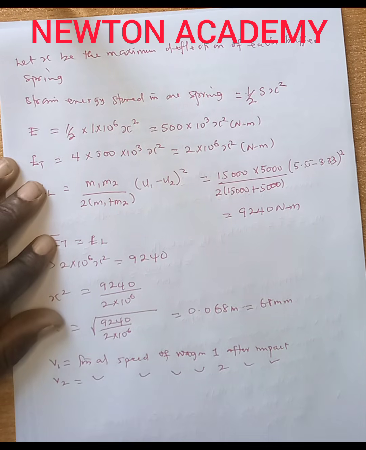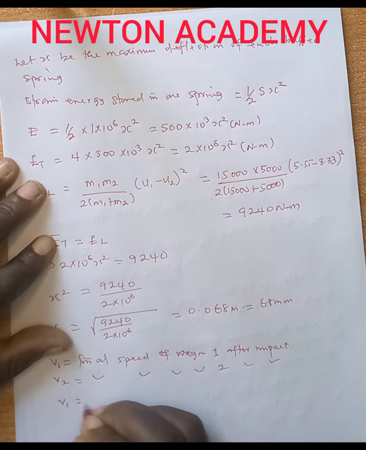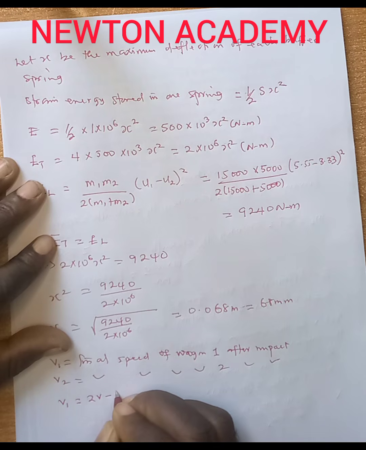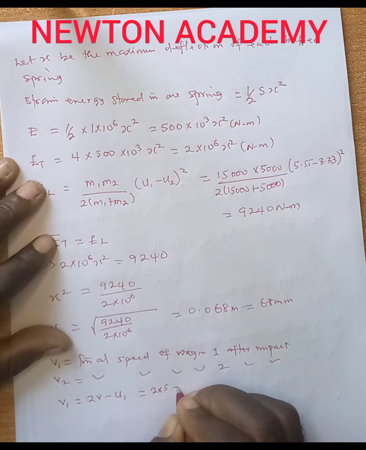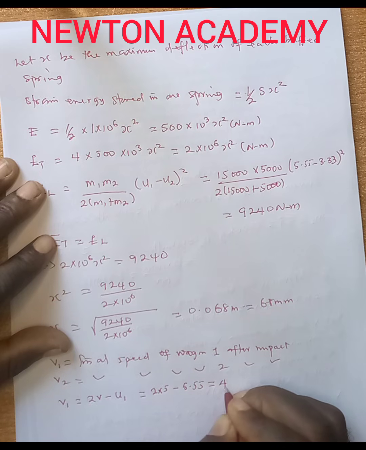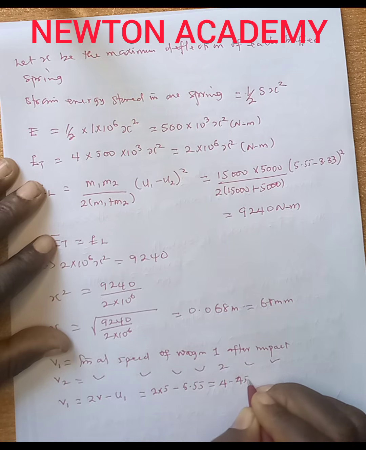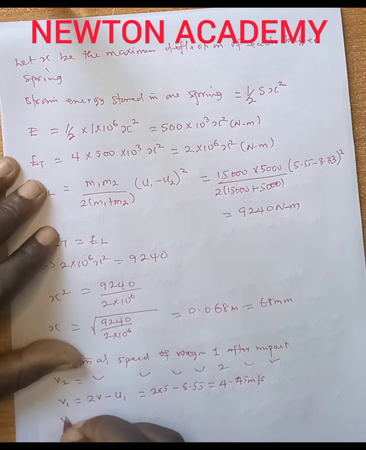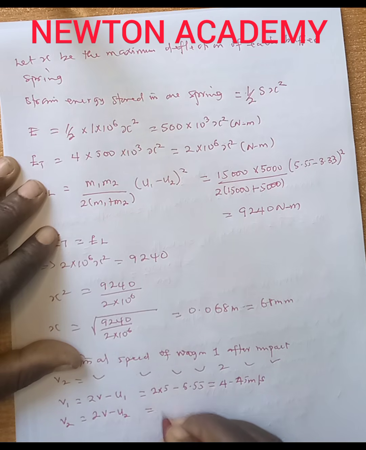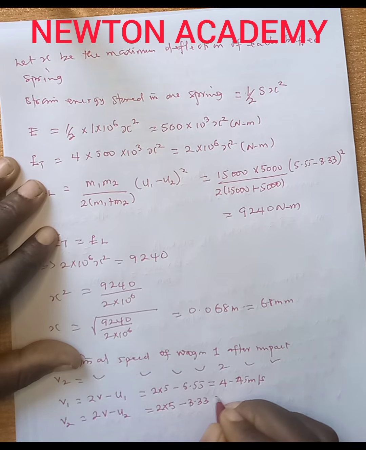Then we know that V1 is given by this expression, 2V minus U1, which is equal to 2 multiplied by 5 minus 5.55, and this gives 4.45 meter per second. Then also V2 is going to be 2V minus U2, which is equal to 2 multiply 5 minus 3.33, and this gives 6.67 meter per second.